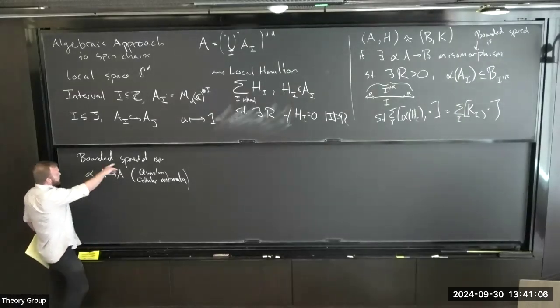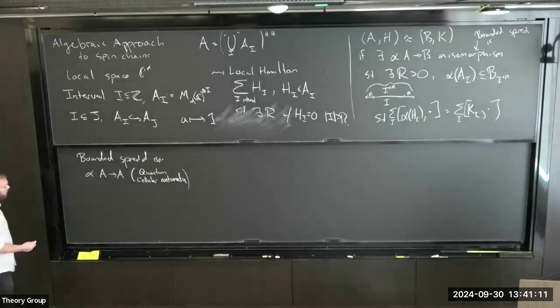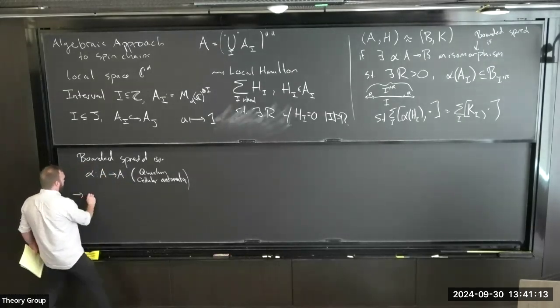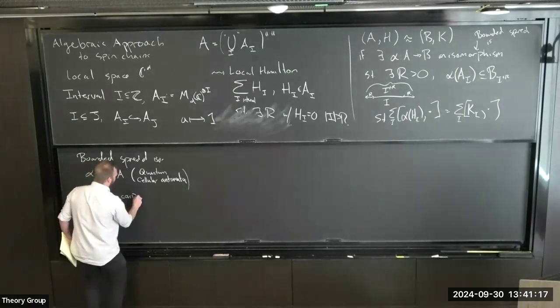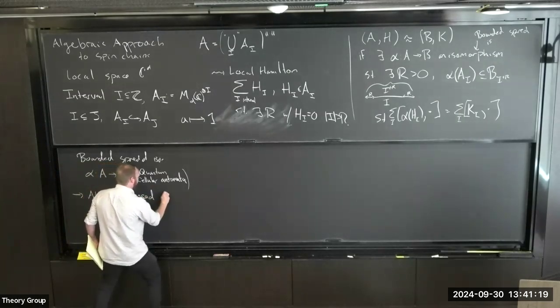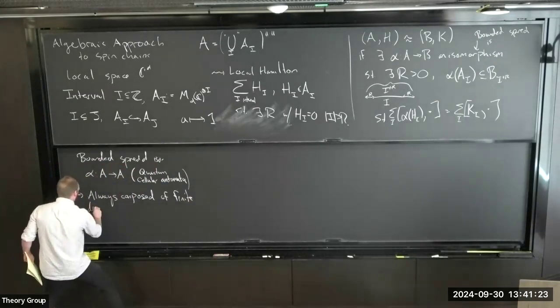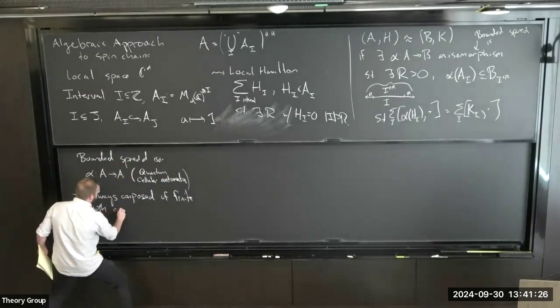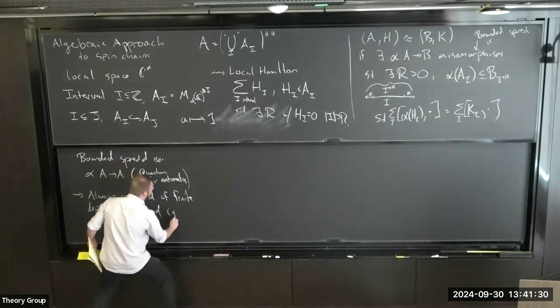Okay, so if you take bounded spread isos alpha from A to A, these are called quantum cellular automata, and these are always composed of finite depth circuits and generalized translations.